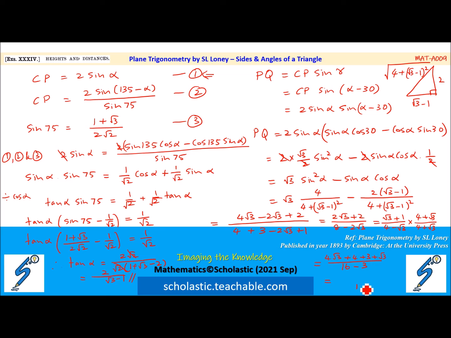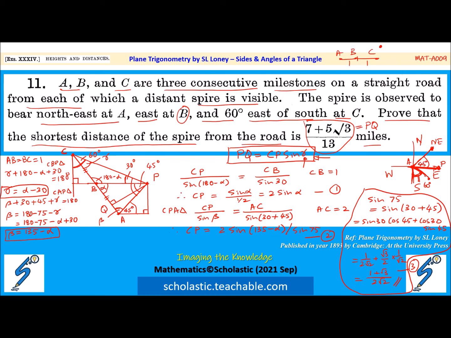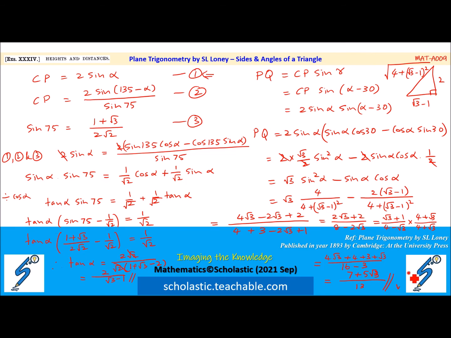So that's the denominator, 13, and 4 root 3 plus root 3 is 5 root 3, and 4 plus 3 is 7, so 7 plus 5 root 3. So this is the answer. This is the shortest distance. Please check the answer given in the question: 7 plus 5 root 3 over 13 is the shortest distance. So the answer is correct.